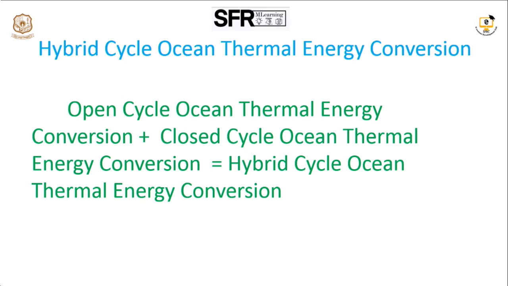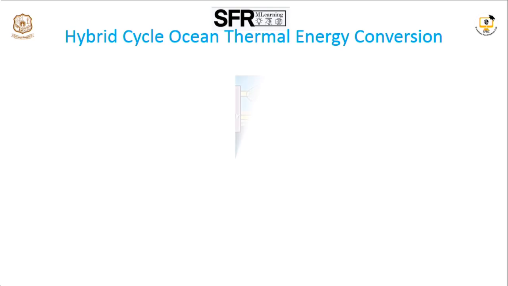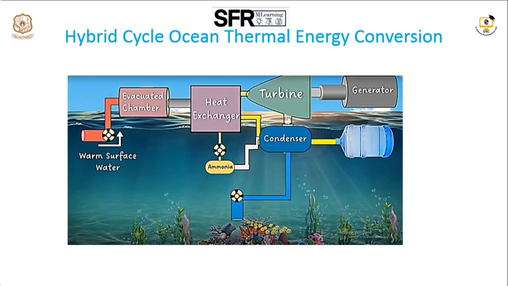Here you can see we are getting the desalination water, and also the ammonia is fed back to the heat exchanger. Getting desalination water is the open cycle part, and ammonia fed back to the heat exchanger is the closed cycle part. Both are in the same system, so this is called hybrid cycle ocean thermal energy conversion.